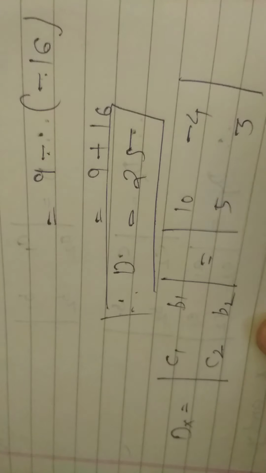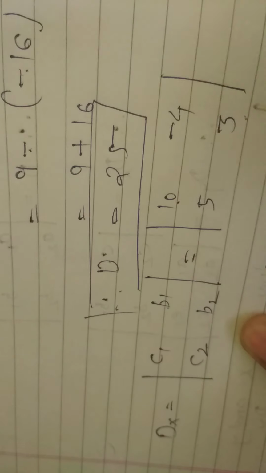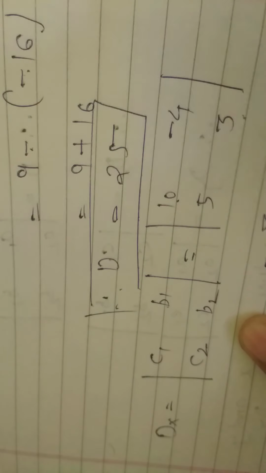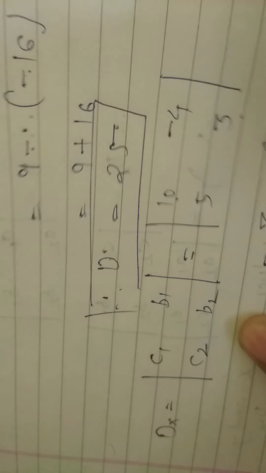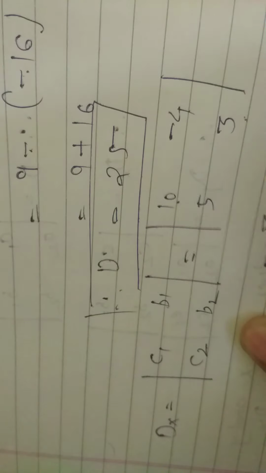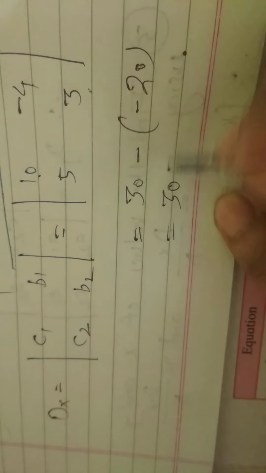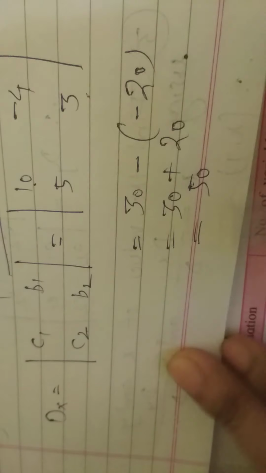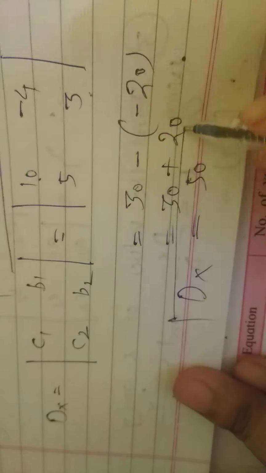So multiply this. 10 times 3 is 30, 5 times 4 is 20. So here minus, so you write in the bracket minus 20. When you open the bracket, minus minus becomes plus 20. So 30 plus 20 is 50. So the value of Dx is 50.